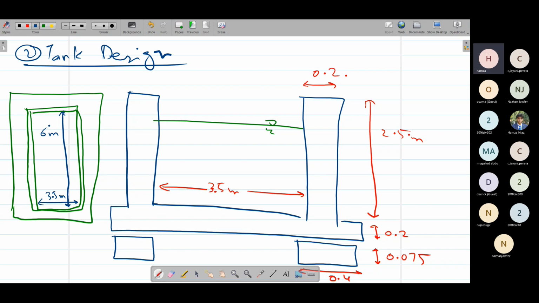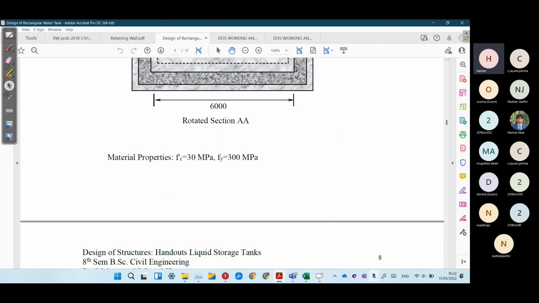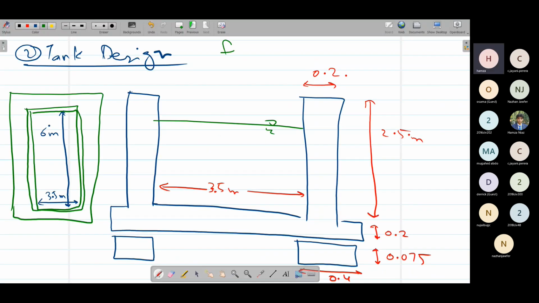So we have two walls of 3.5 meters, two walls of 6 meters, and a base slab of 0.2 meters or 200 millimeters. This is all the data given, and fc dash and fy also. fc dash is equal to 30, fy is equal to 300 megapascals. So this is the data given for the rectangular tank.